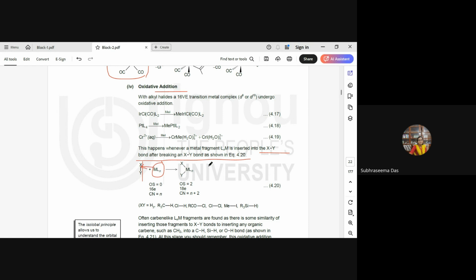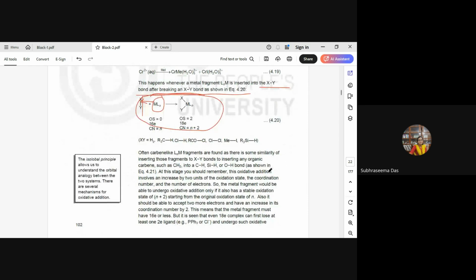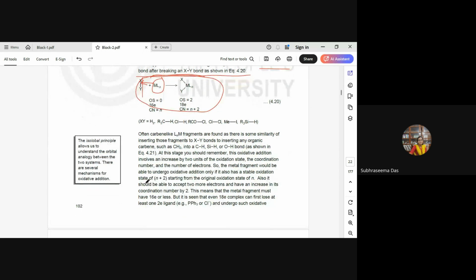This is called oxidative addition. Often carbene-like LnM fragments are found, as there is some similarity in inserting those fragments into X-Y bonds. At this step, oxidative addition involves an increase of 2 units in the oxidation state. The coordination number and the number of electrons also increase by this oxidative addition.